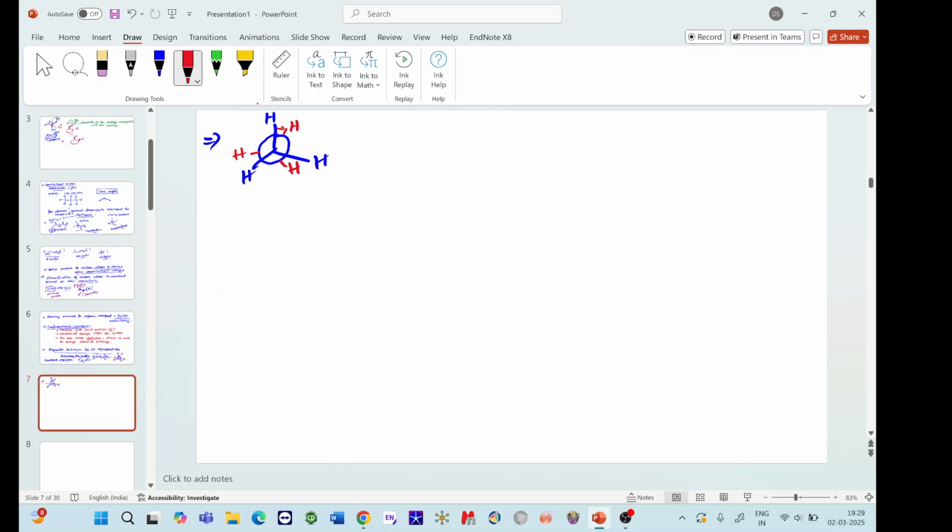Eclipsed means this front hydrogen will fully shade the backside hydrogen. Just for representation, I am showing it like this. There is an angle between them, called the dihedral angle. So one hydrogen, then one carbon, then another carbon, and this hydrogen. You have an angle between this. This angle is called the dihedral angle.